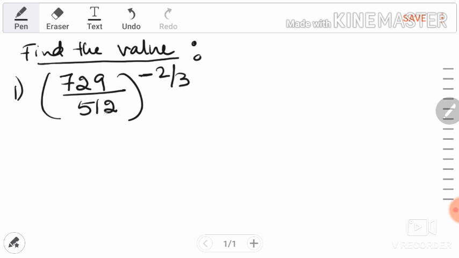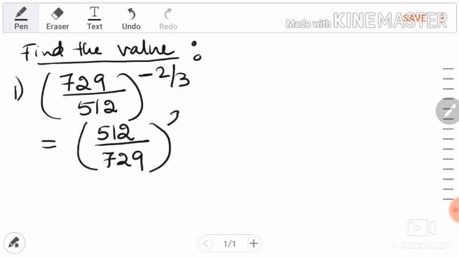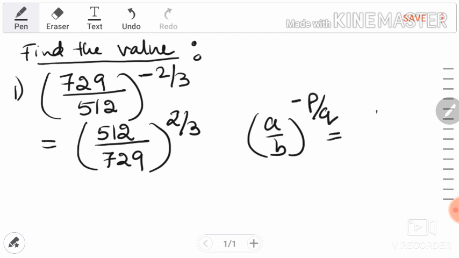729 upon 512, whole to the power minus 2 on 3. We will first make the index or the exponent positive. To do that, we will reciprocal the base. So 512 divided by 729, whole to the power 2 on 3. We use the law over here, a upon b to the power minus p upon q equal to b upon a to the power p upon q.